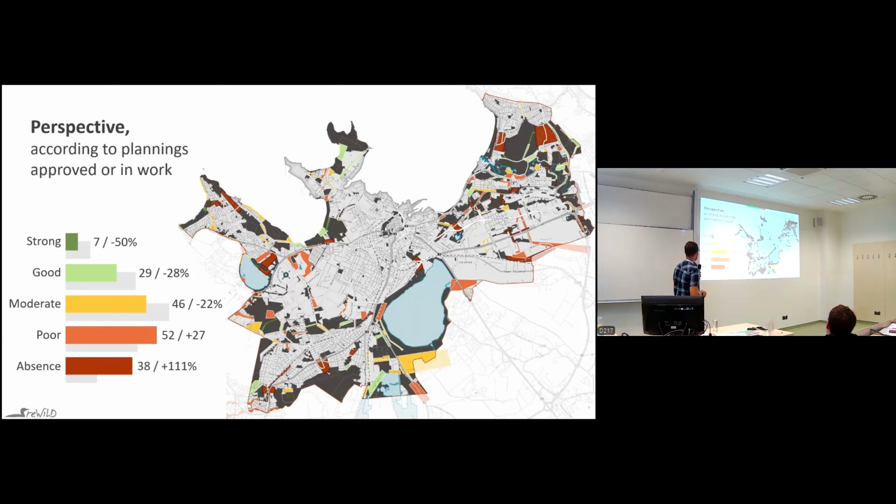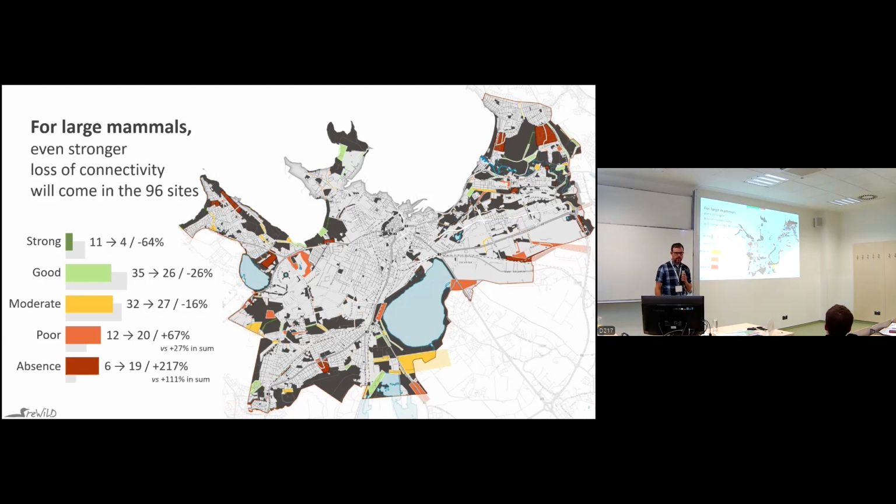The sites where connection is demanded, necessary, but is actually absent, will increase more than twice. And if we look at the situation specifically for large mammals, then the loss of habitat connectivity will be even greater.